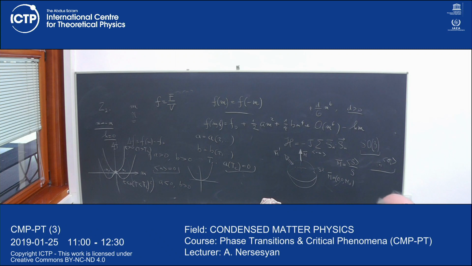Better to say it's up to the choice of the infinitesimally small applied magnetic field. You have to apply an infinitesimally small magnetic field to the system, suppose along the z-axis. This is the direction of the field. This field will force the magnetization to look along it, and then you switch it off, and it will remain.